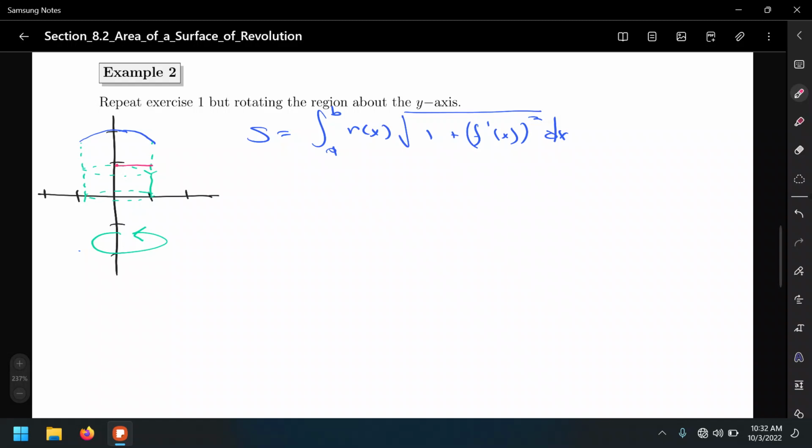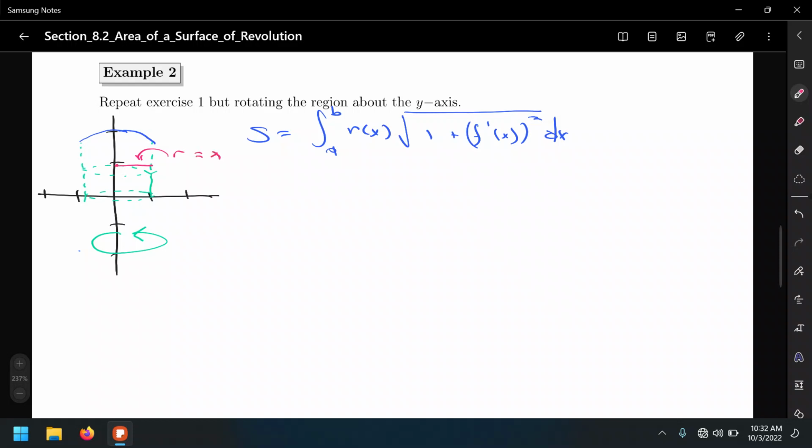Well, in this case, this r, this radius, which is the distance from the axis to a point on the outermost point on the solid, it's just horizontal, it's just x.